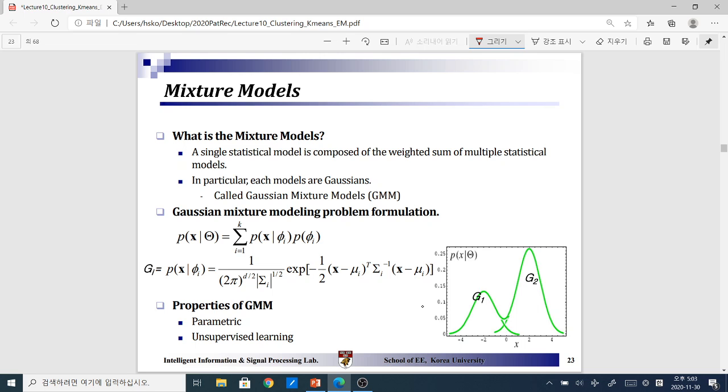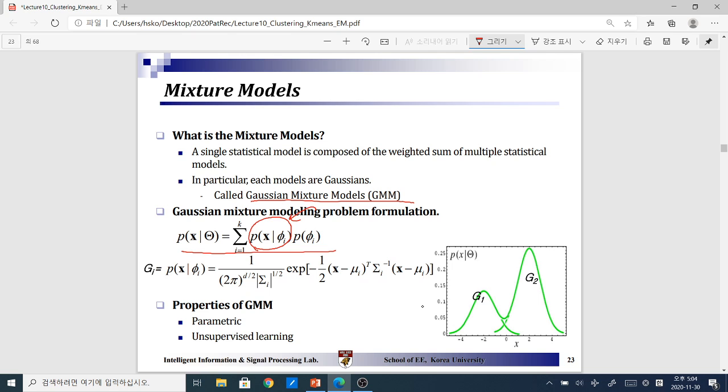If that's the case, then how do we describe this mixture model case in terms of modeling? The way we're going to model it is called the Gaussian mixture model, which is a sum, a linear combination, of unimodal Gaussians, where each unimodal Gaussian has its own parameters.